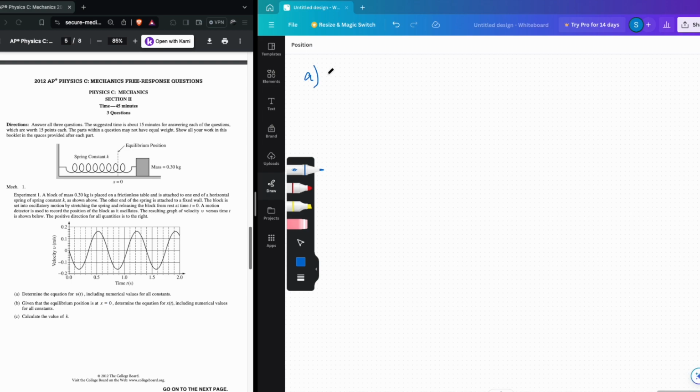For that, we can just use the equation v of t is equal to negative v max sine omega t. In this case, omega is just 2 pi over your period, and you can get the period from the graph.